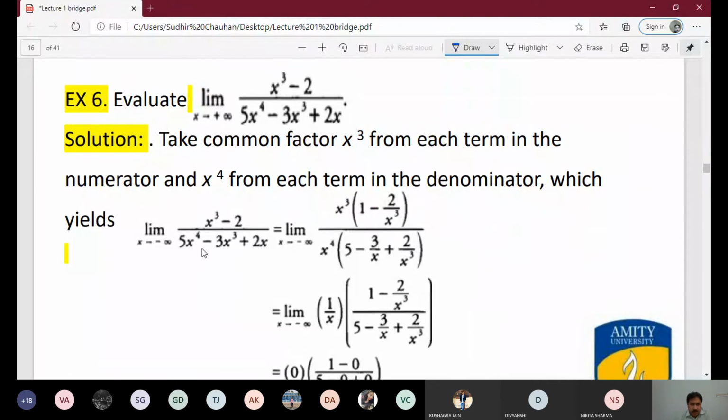In the denominator x to the power 4 is the highest power, so we can take common x to the power 4. Now we can cancel these three powers, and we get 1 by x, into 1 minus 2 x raised to power 3, and in the denominator it is 5 minus 3 by x plus 2 by x cube.